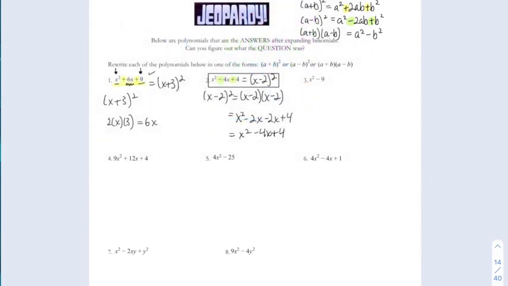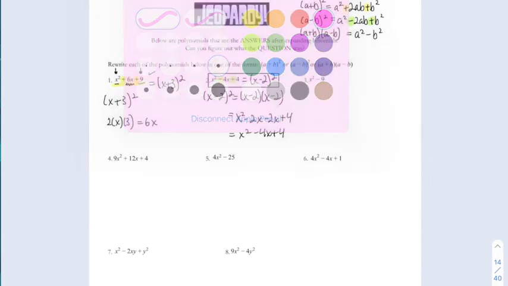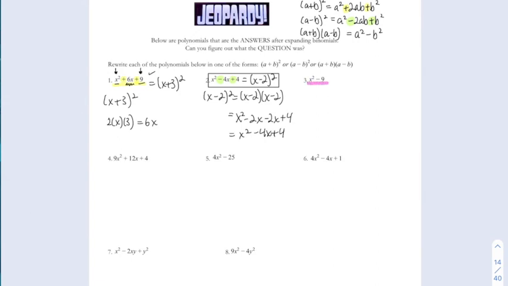All right, so the last one here, this one really sticks out because it only has two terms. And what I can see is that they're also both perfect squares, right? x squared is x squared and 9 is 3 squared. So I'm going to take a guess that this is x plus 3, x minus 3.